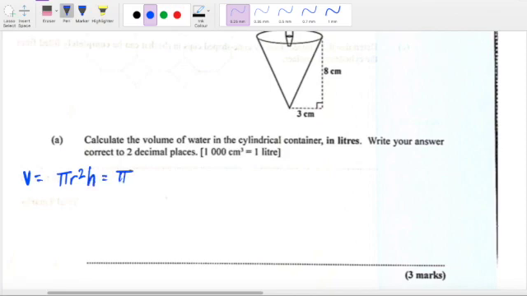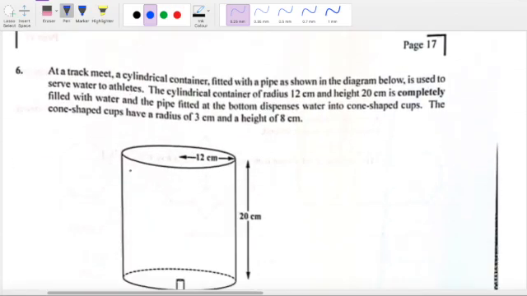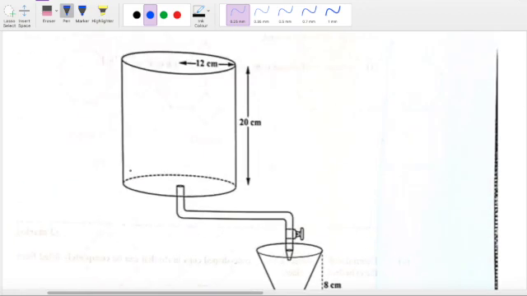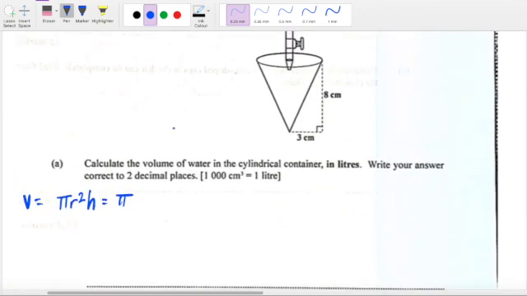So we have pi times 12 squared times 20. 12 squared is 144 times 20.